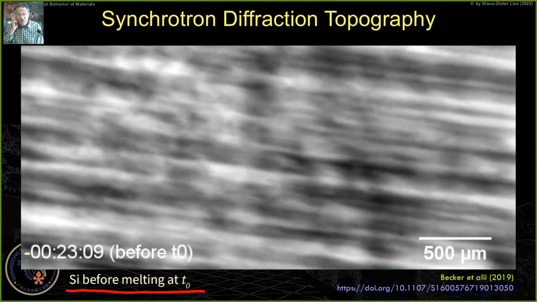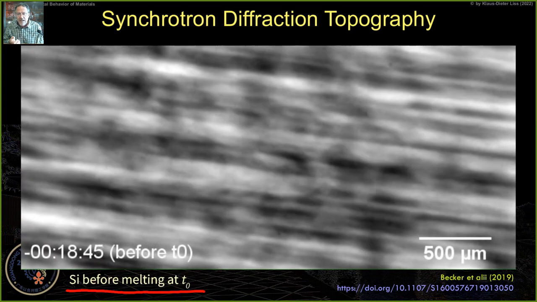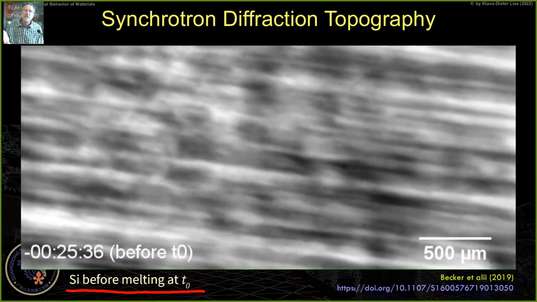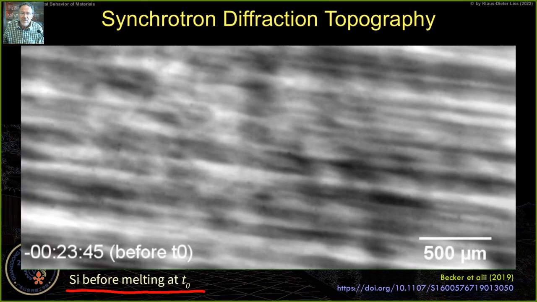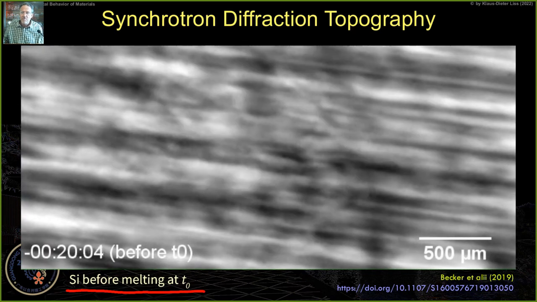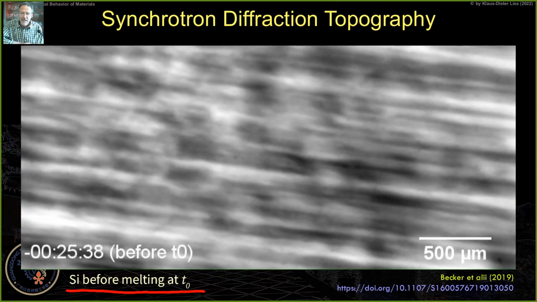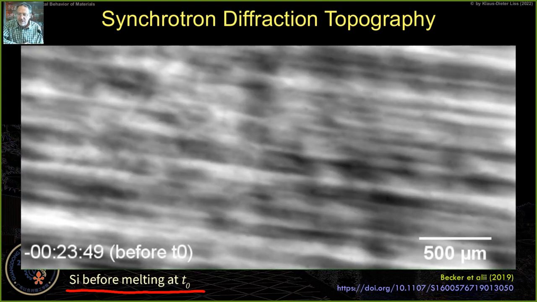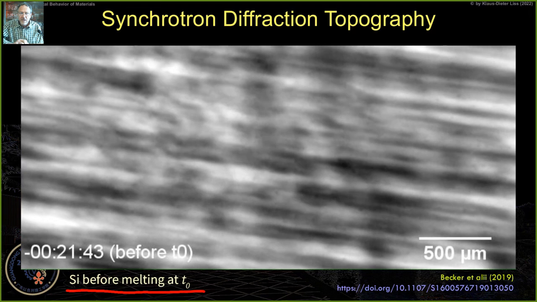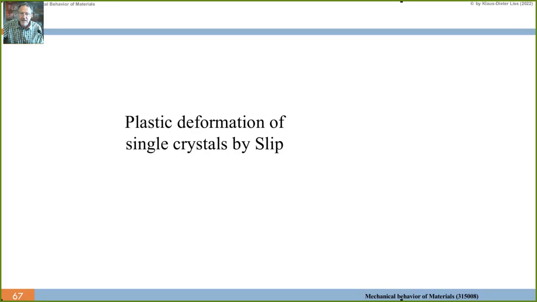So you have residual stresses from the suspension or whatever, and the material becomes so soft before it melts that it deforms plastically under its own weight, and you see the movement of dislocations. This is a very nice demonstration, literature references shown there at the bottom. This is what you can do with synchrotron radiation.